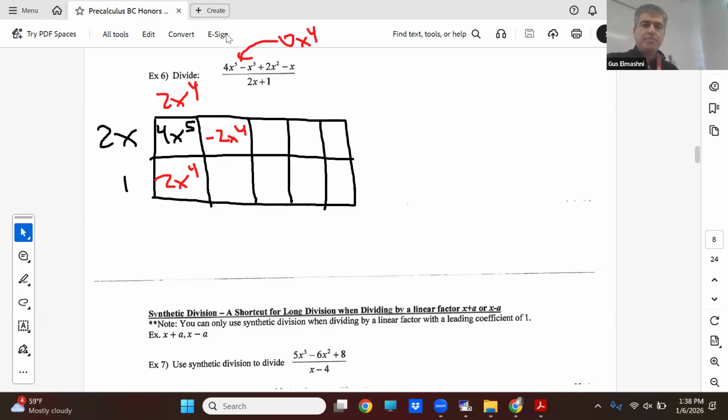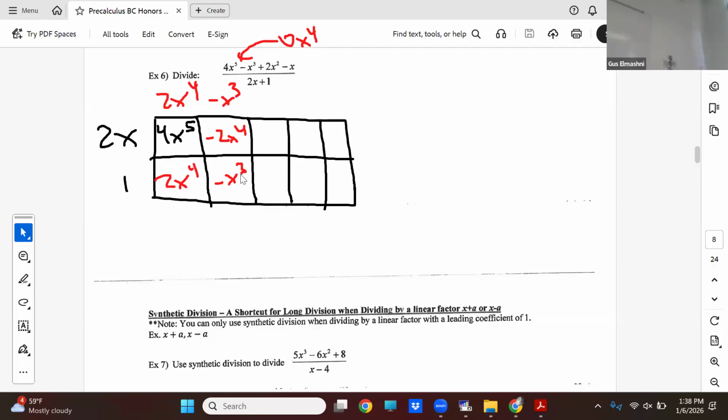Now, what do you multiply 2x by to get negative 2x^4? Perfect. And so negative x cubed times 1 is negative x cubed. Coming back to my numerator, I see negative x cubed.